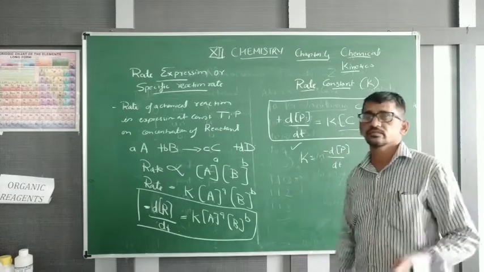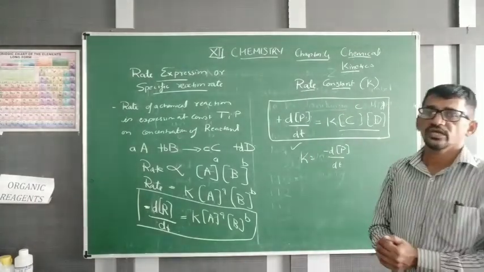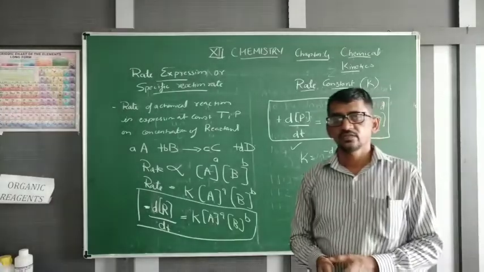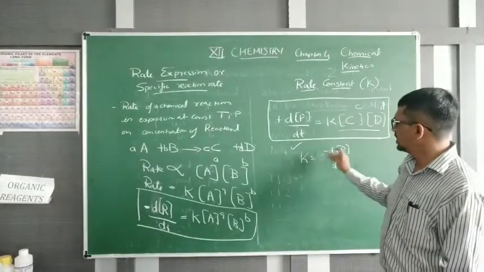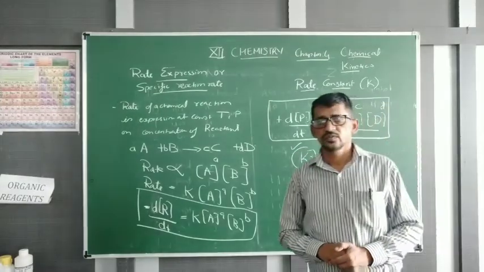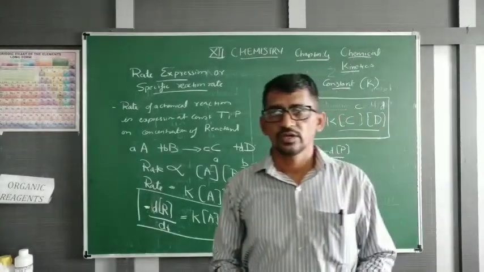So the rate constant is nothing but, if you take the concentration of reactant or product as unity, whatever rate comes, that is equal to the rate constant K. Now we discuss a few characteristics of rate constant.